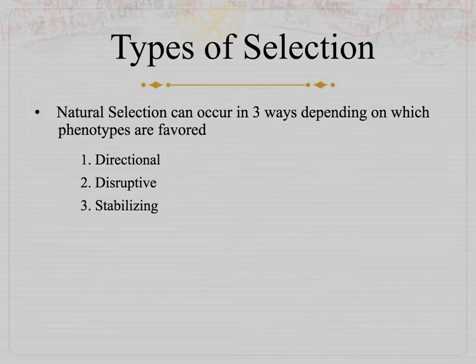Okay, there are 3 types of natural selection that we need to talk about. And we'll go over what those graphs look like in a minute. And those are directional, disruptive, and stabilizing. And this is going to depend on which phenotype or physical look is favored in the environment.